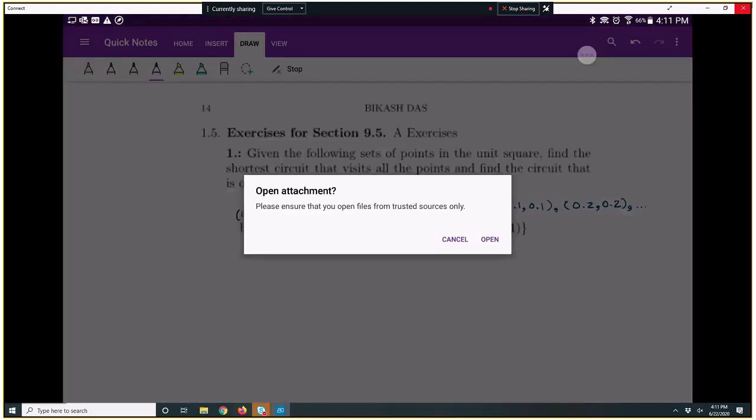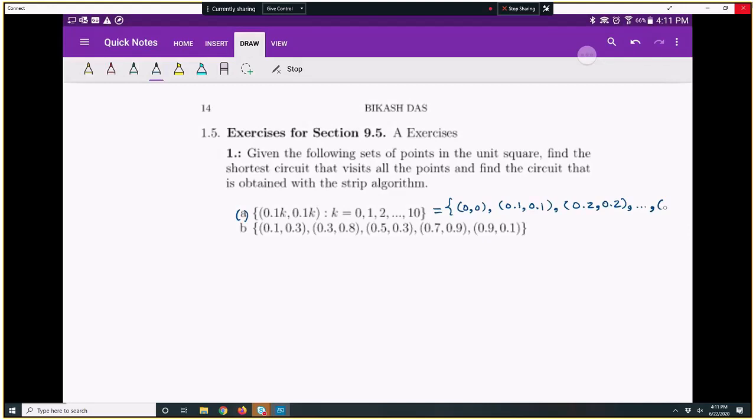So these are all points in the unit square. I'm just going to draw them. They all fall along the diagonal line y equals x. Okay, so that's just a rough sketch, and let's say we're thinking about the unit square.